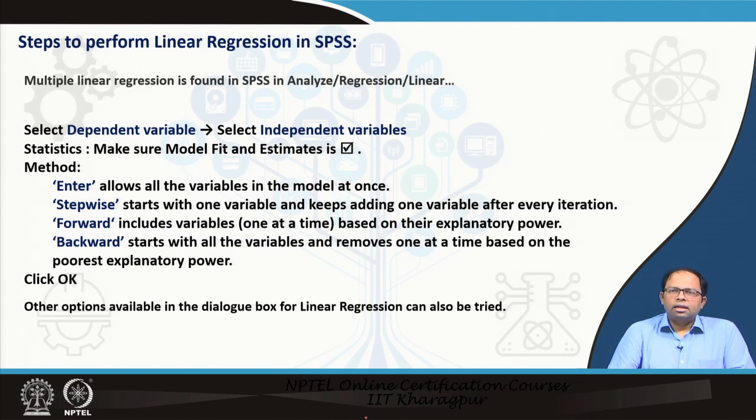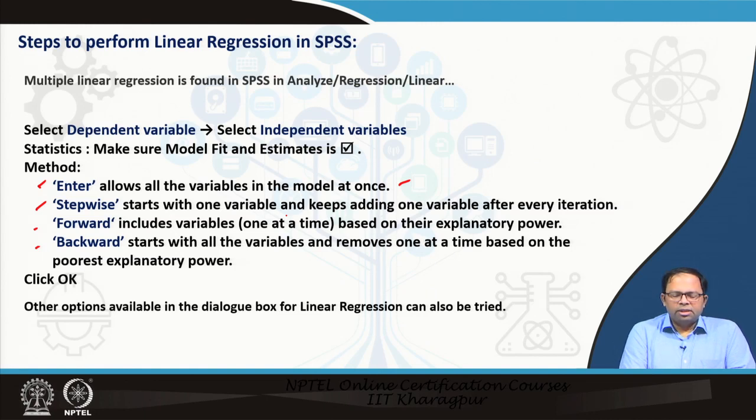And then there are several methods similar to logistic regression, like enter, stepwise, forward, backward. Enter basically means all variables are inside, but of course, we can set the confidence intervals that actually prevent some variables from being inside. Stepwise basically starts with one variable and keeps adding one more variable after one iteration if the results improve.